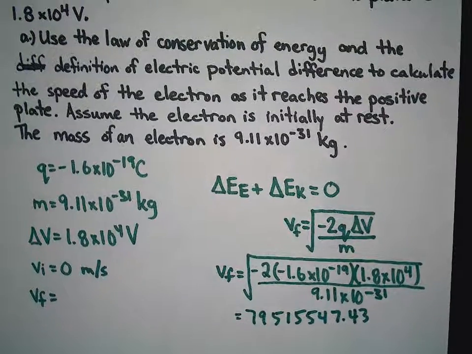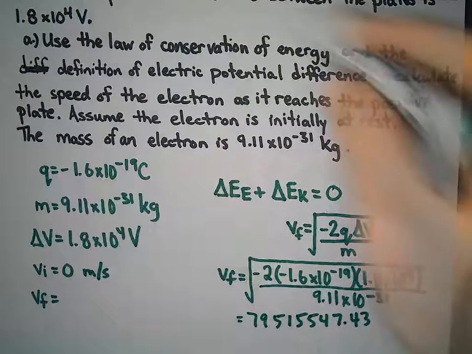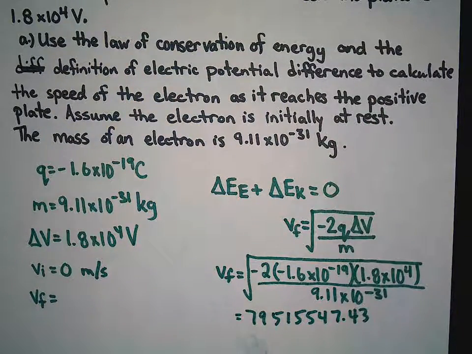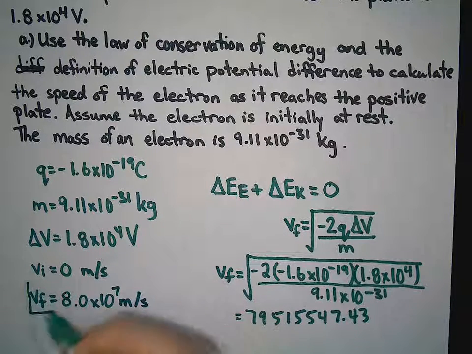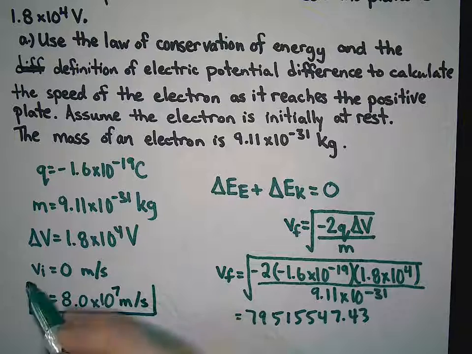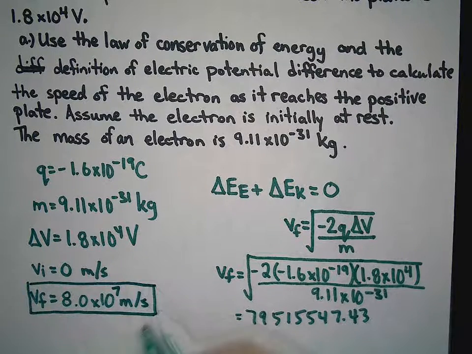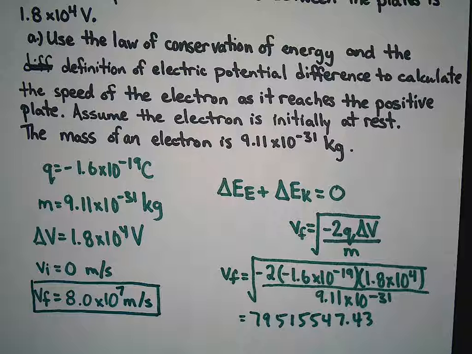In the question, we see our lowest number of significant digits is 2, so we round to 2 significant digits, giving 8.0 times 10 to the 6 meters per second. Meaning that at the positive plate, this is the speed of that electron, which was initially at rest.